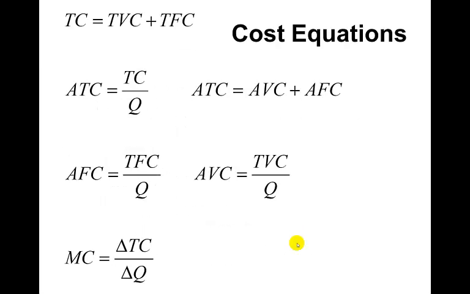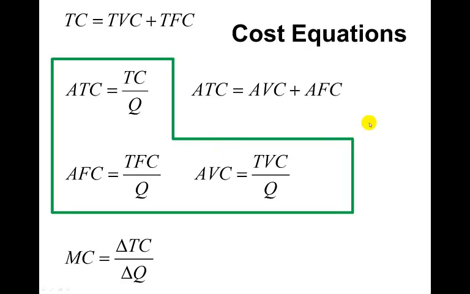So we can change all of these things into formulas. So if I want to find my total costs, this is how I can do that. So my total cost is I take my variable costs plus my fixed costs. If I want to find my average costs, this is how I do it. Average total cost, I take my total cost divided by the quantity.